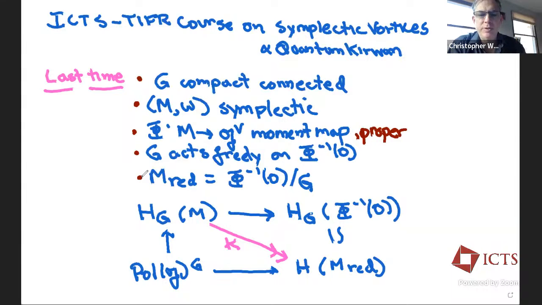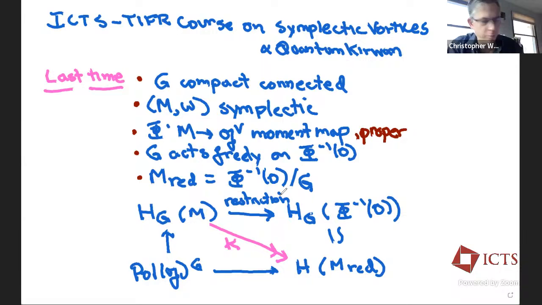So the diagram starts with the equivariant cohomology of M, and then there's a restriction map to the zero level set.